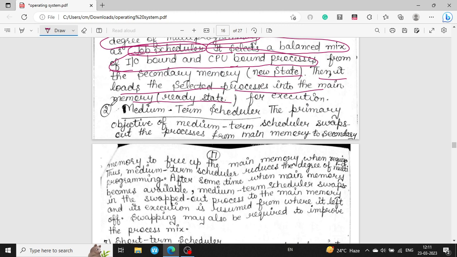Now, the second type of scheduler is the medium-term scheduler.